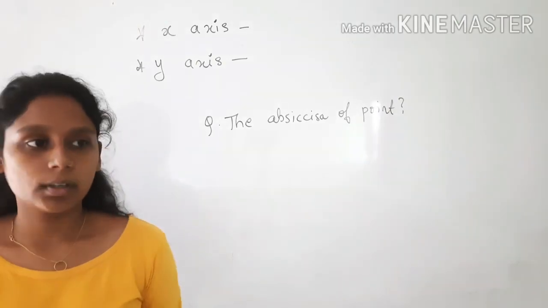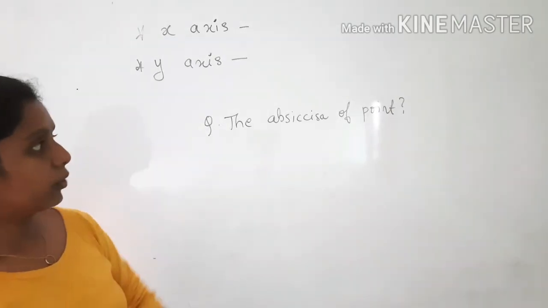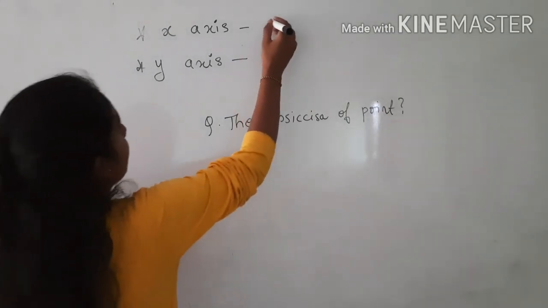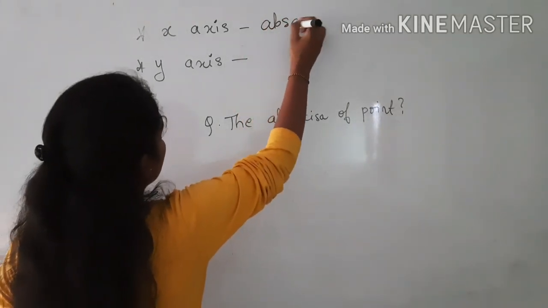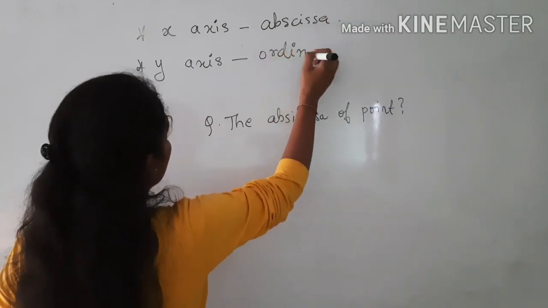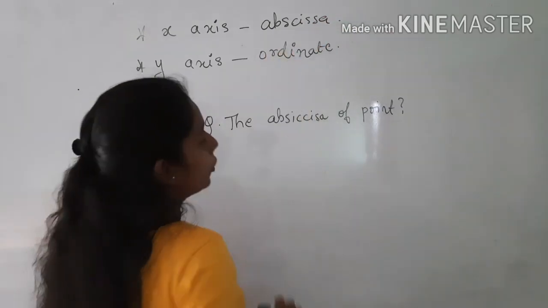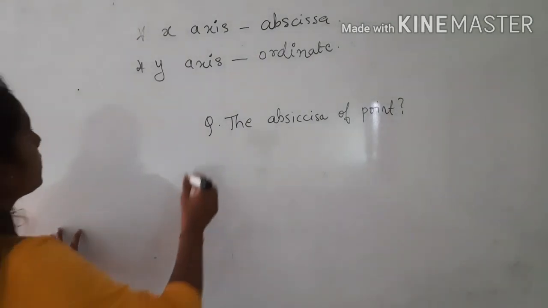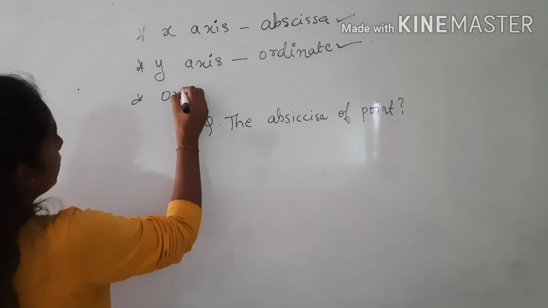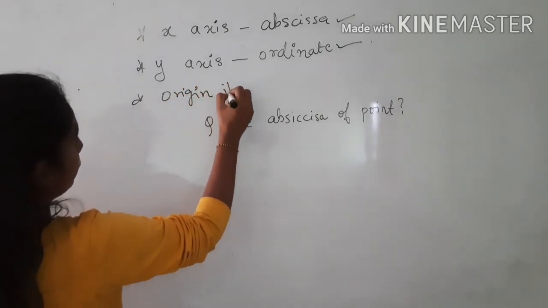You will tell me, ma'am, what is abscissa, or how can we calculate abscissa? You haven't told us about it. Simple thing, x-axis is called abscissa and y-axis is called ordinate. Okay? Now for this, if I am giving you a point, you have to remember it, and origin is nothing else but it is called origin itself.